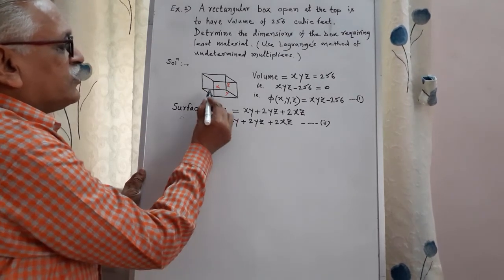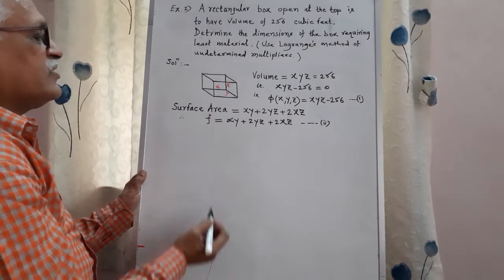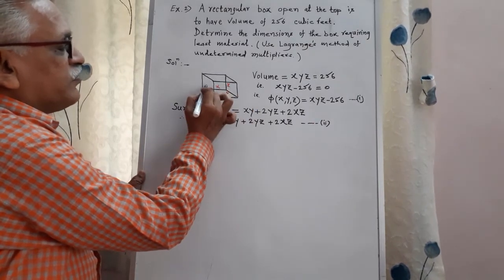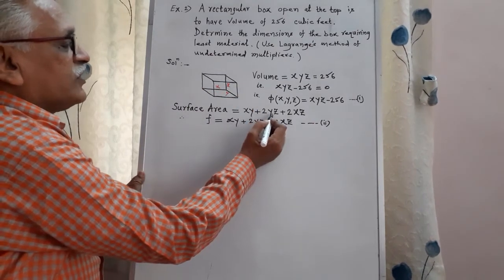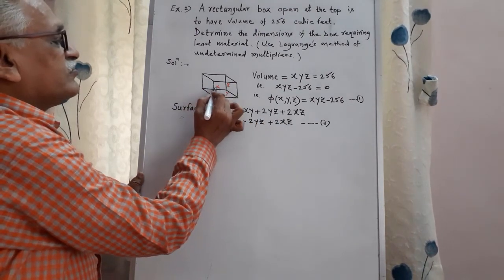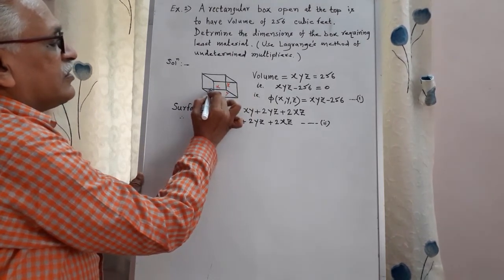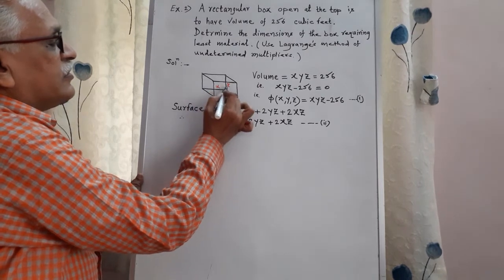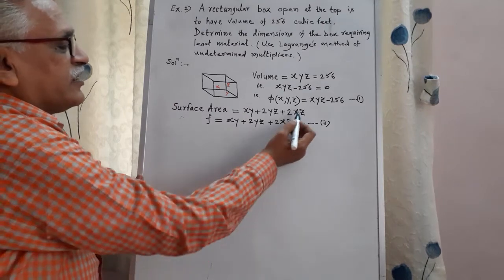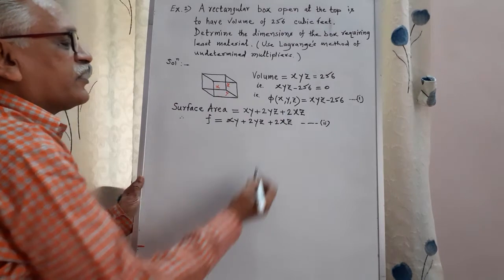Surface area is equal to this area as x into y, then this area as y into z, and the same in front of it, therefore it is 2 times yz, and this area, this length is x and this height is z, therefore that area is xz, and the same side we have here, therefore it is 2 times xz.